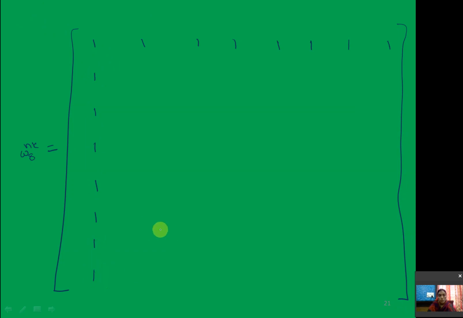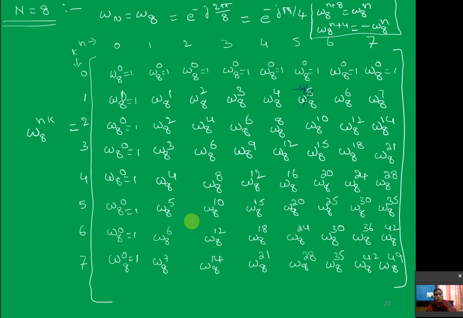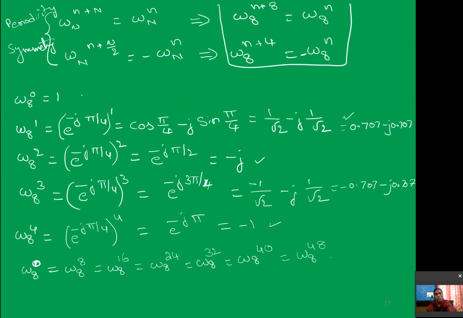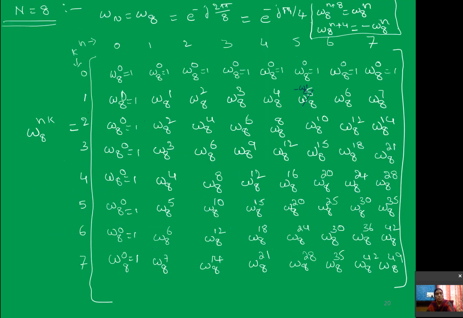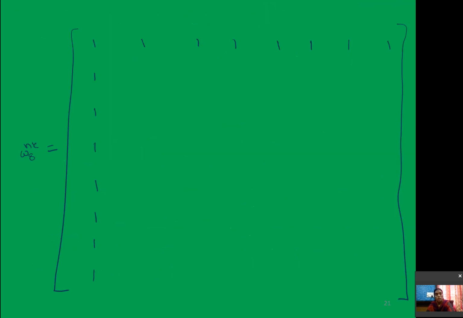Now, what is W8 power 1? W8 power 1 is 0.707 minus j 0.707.